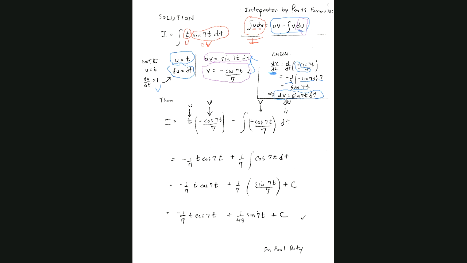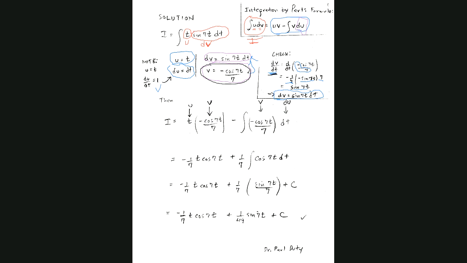So what I'm trying to do is justify to you why v is equal to negative cosine of 7t over 7. It's the antiderivative of sine of 7t. And if you differentiate v with respect to t, you do get sine of 7t dt.